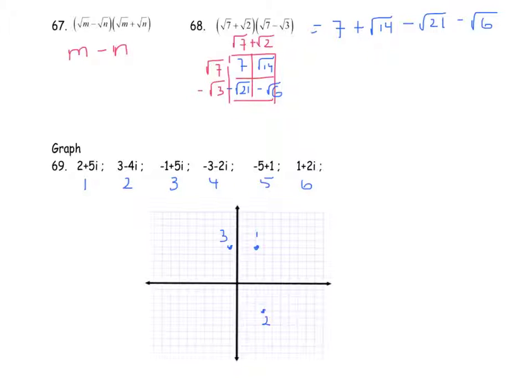Number 4 is negative 3 minus 2i. Number 5 is negative 5 plus 1, which is negative 4, right on the x-axis. So this is my fifth point. And my last point is 1 plus 2i. So that's going to be right here.